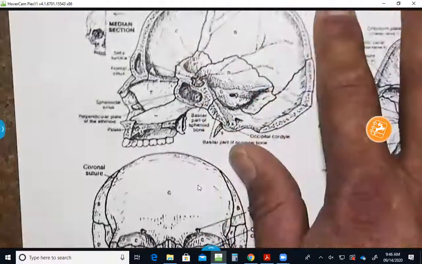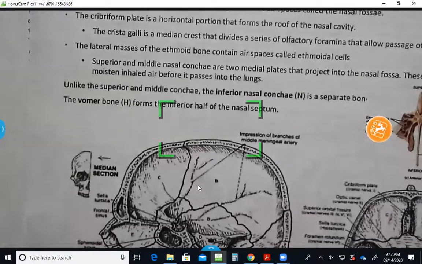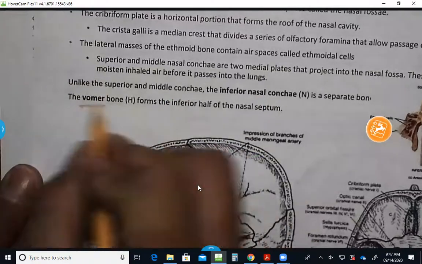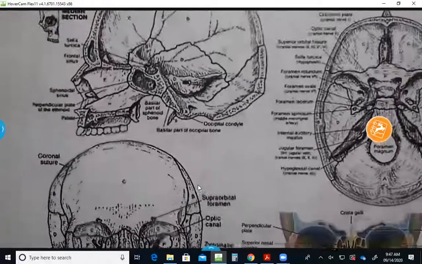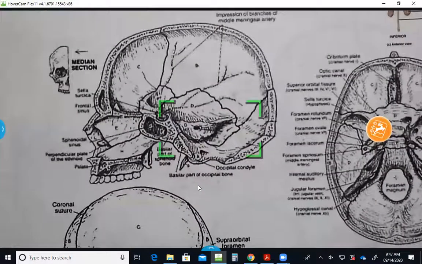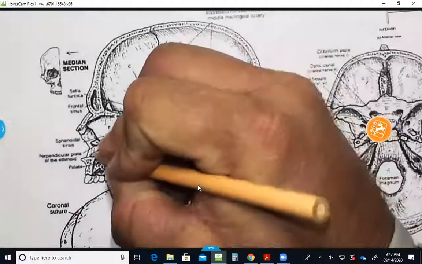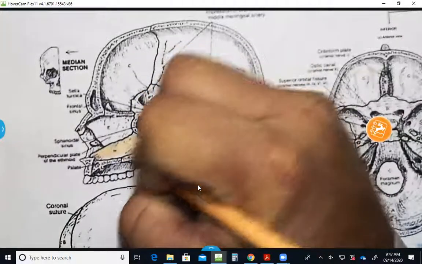Okay. Your vomer, actually I'm going to color the vomer first. And I'll color it peach. It forms the inferior half of that nasal septum. And it's the reason why I included this image here from our medial view, that bone there.